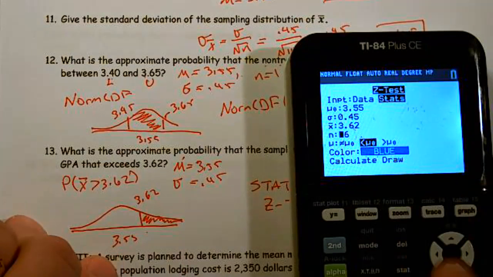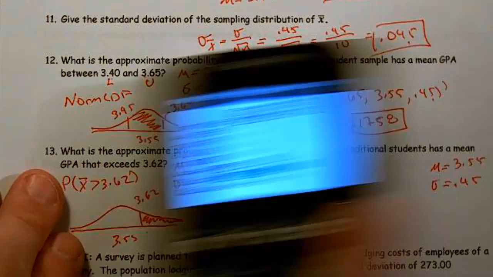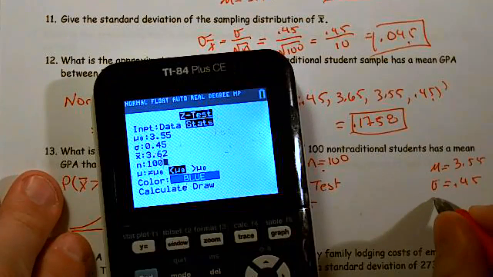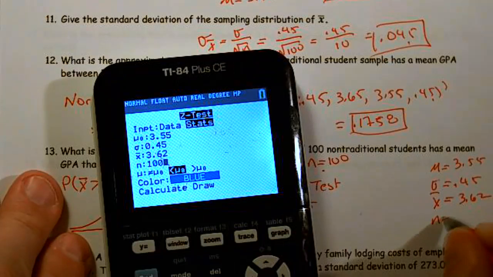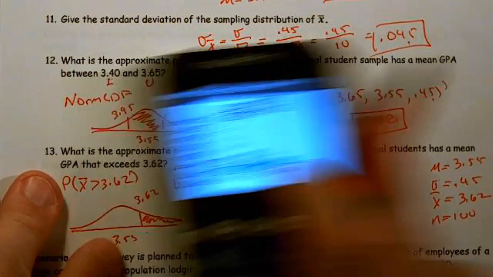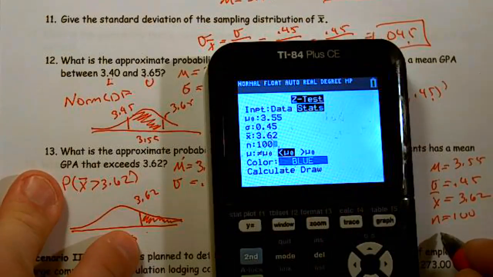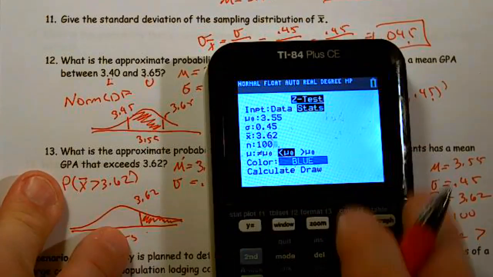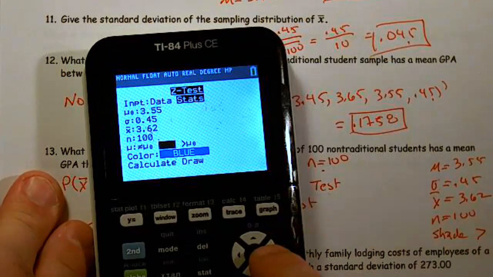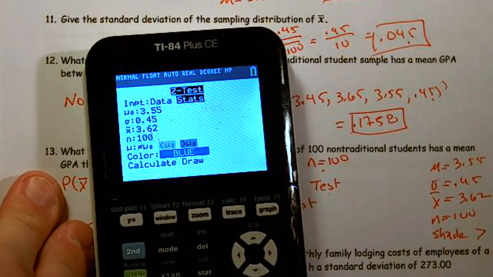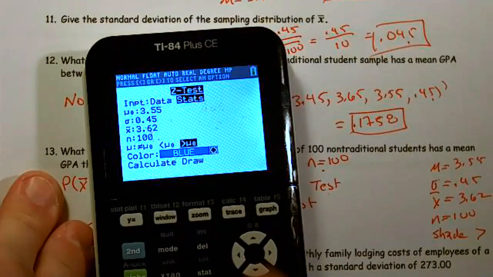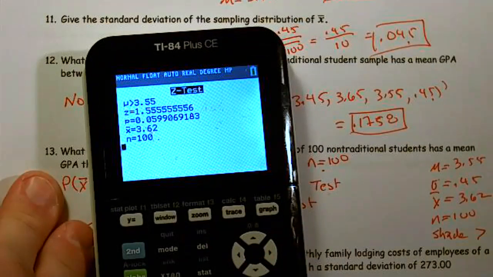And we had a sample of size 100. So x bar equals 3.62, n is 100, and we shaded to the right. So I need to make sure I switch that to a greater than sign, and we're just going to go ahead and calculate that.